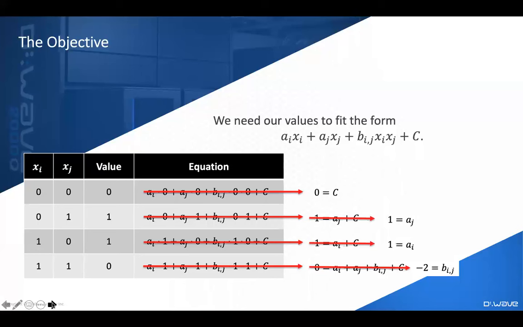And we've got it. This is the solution that is going to tell the quantum computer to favor the solutions that are 0 and 0 or 1 and 1, and to penalize the solutions that are 0, 1 and 1, 0.